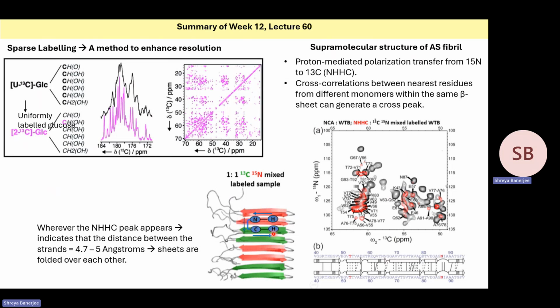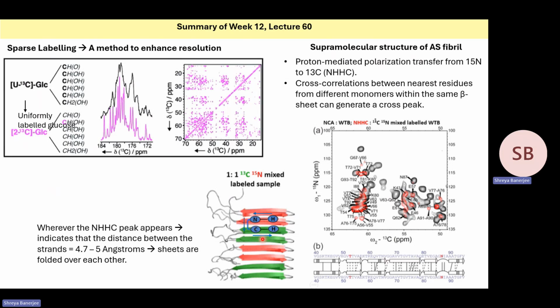An HNCH experiment is done, so the polarization is transferred from proton to nitrogen to carbon and back to proton, and you are only detecting nitrogen and carbon. Because we are not detecting the protons, we call it proton mediated, and polarization transfer is happening from H and CH. What this will do is tell us which of the nitrogen and carbon are close to each other in space, forming a beta sheet.